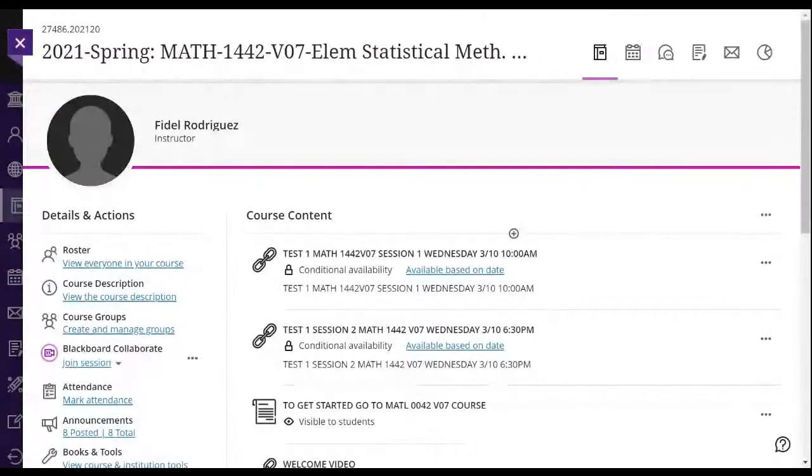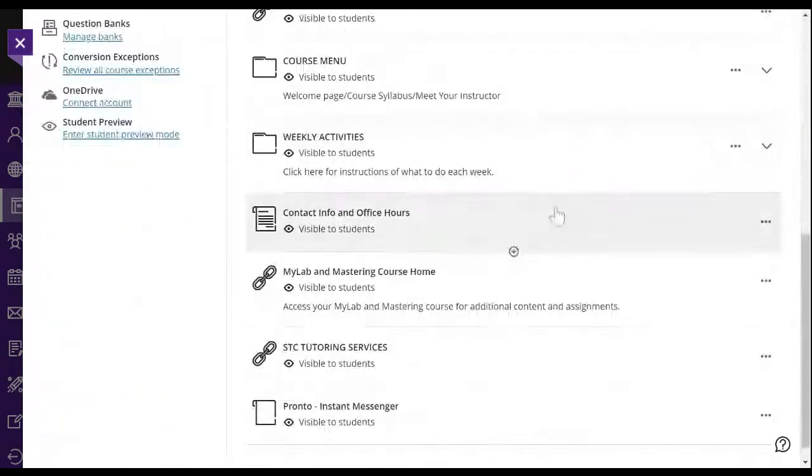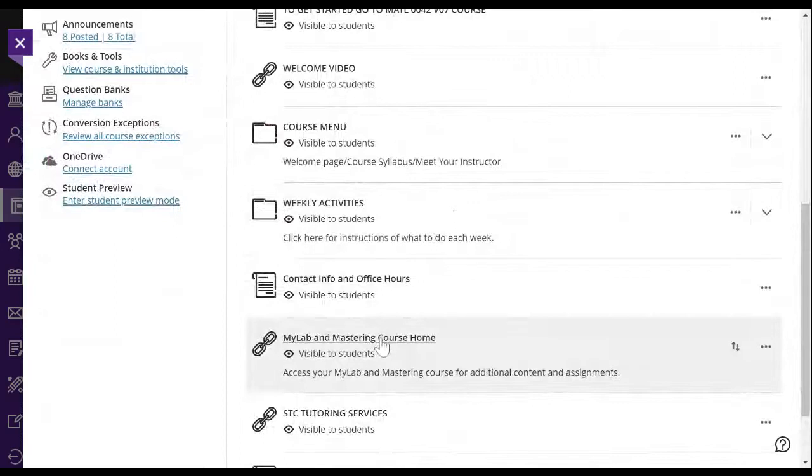Okay, you can see this part, right? So what you're going to do is, I'm on our main page, and you're going to click on MyLab and Mastering.